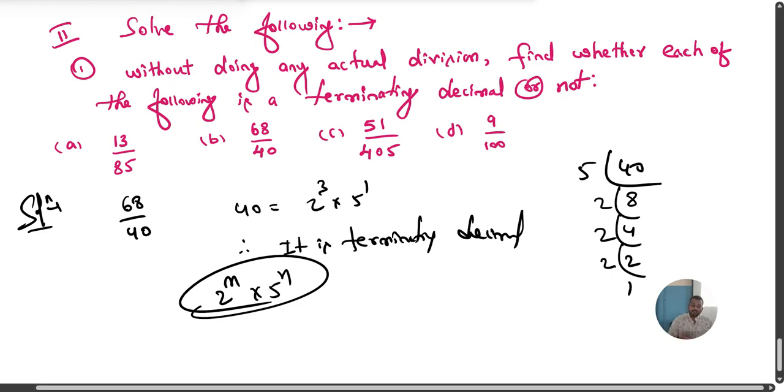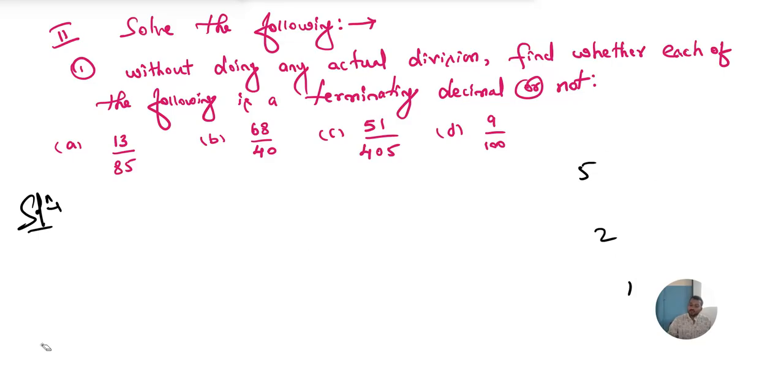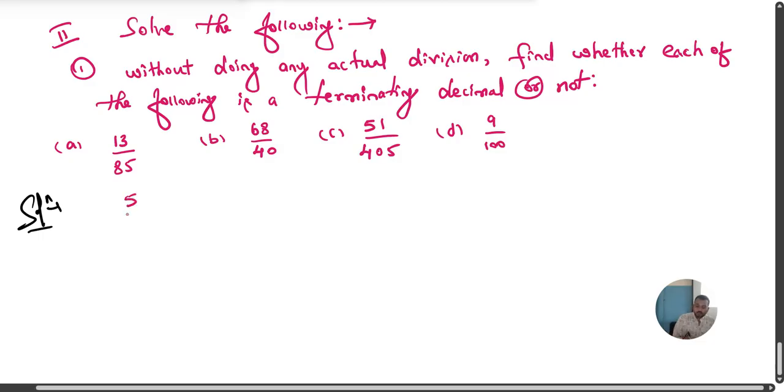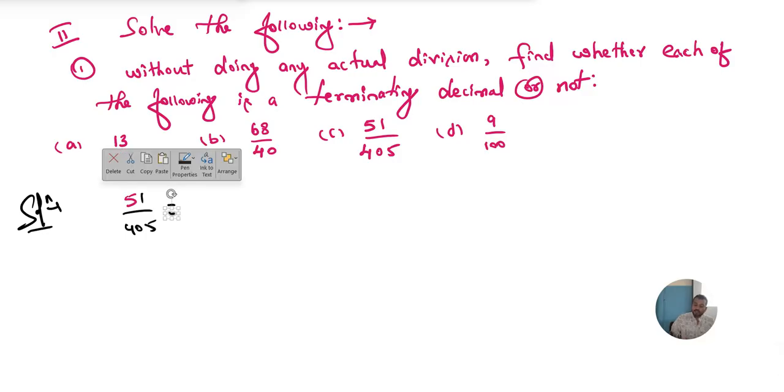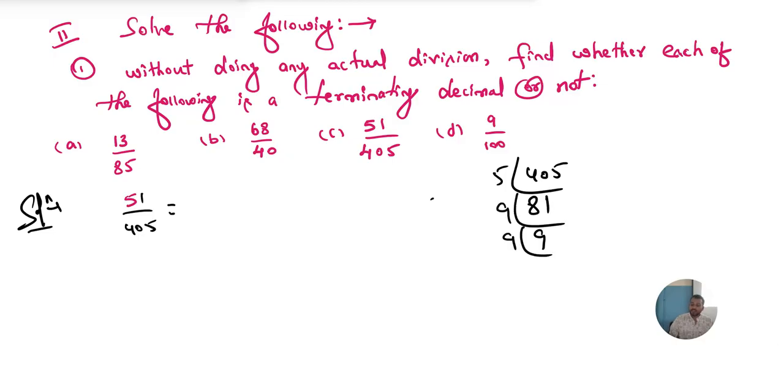Similarly, can you try for the next? Quick. 51 by 405. Is it terminating or non-terminating decimal? Let's try. 405: 5 8s are 40, 5 1s are 5, 9 9s are 81, 9 1s are 9.